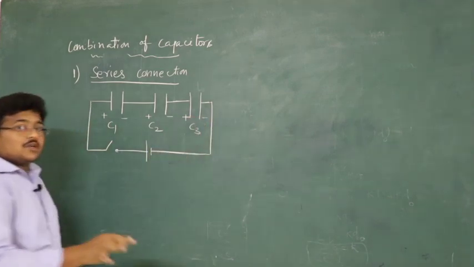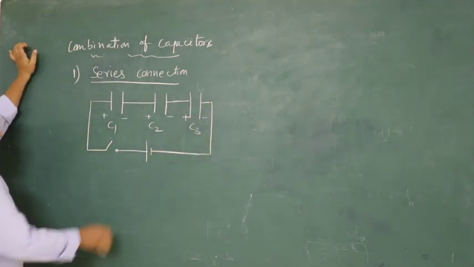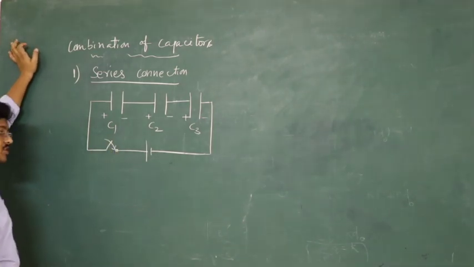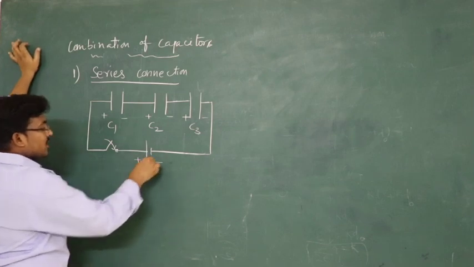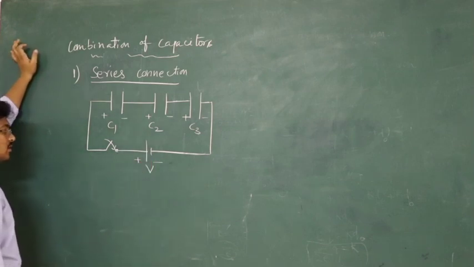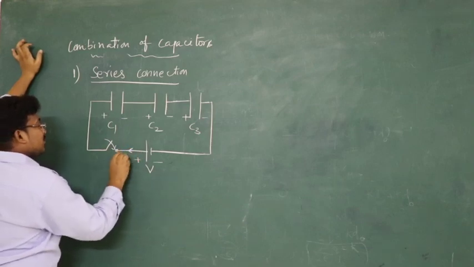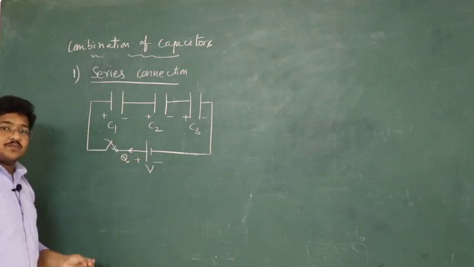In this manner, it is connected in series. Then if suddenly the switch is closed, from the battery of voltage V, charge will start flowing. Let me take a small charge Q started from the battery.